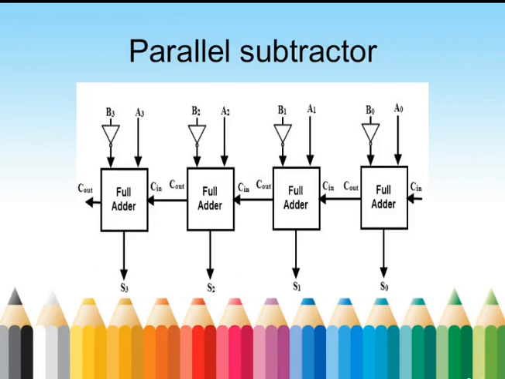In this, there is no change in the input variable A, that means A0, A1, A2 and A3. And similarly, B is obtained with the help of 1's complement. To obtain the 1's complement of the B variable, we should add an inverter on each B line. So the other inputs for the 4 full adder circuits are B0 bar, B1 bar, B2 bar, B3 bar.